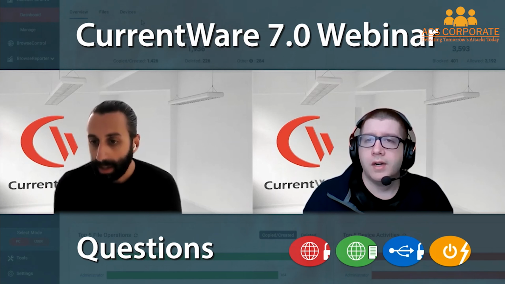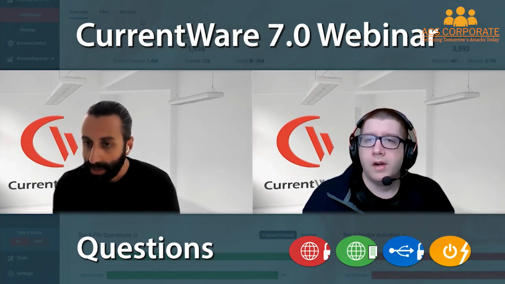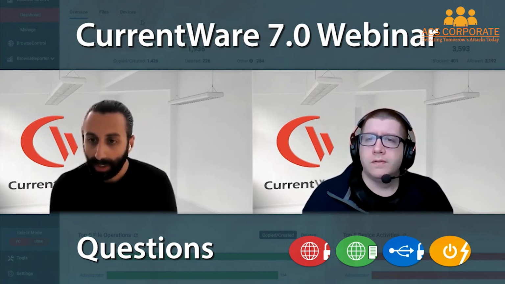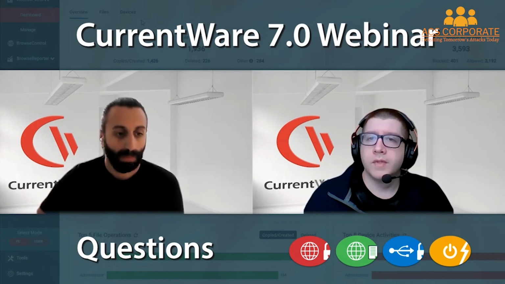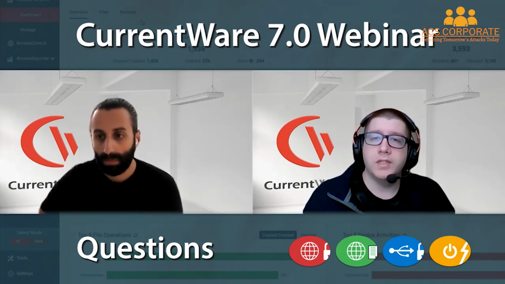We have a question from Jason. Can you elaborate more on URL filtering? We're currently using OpenDNS, Cisco Umbrella. Will this be a direct replacement? That's a good question, Jason.